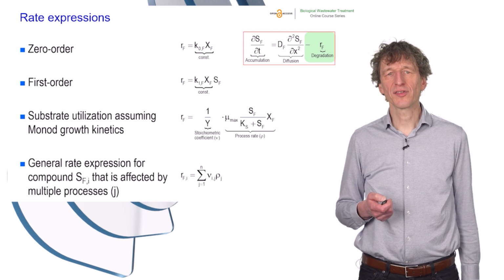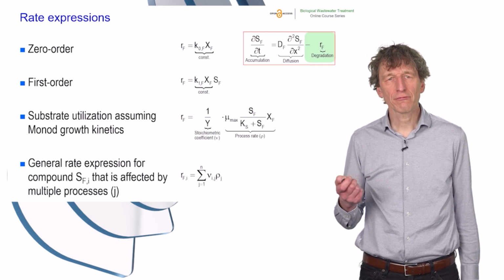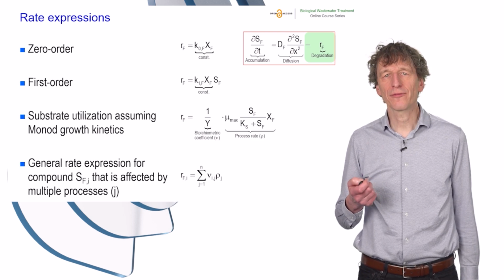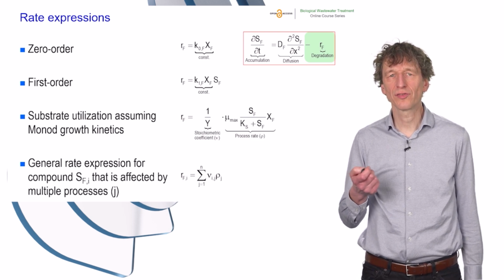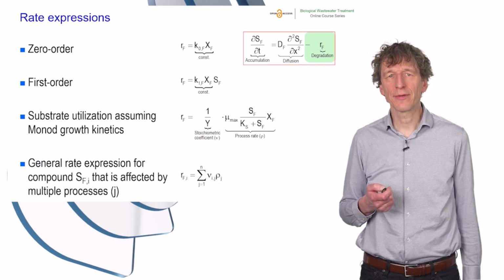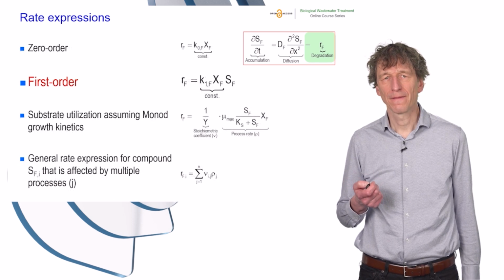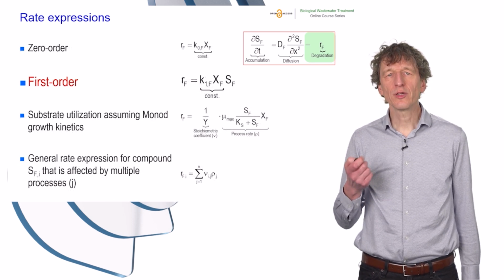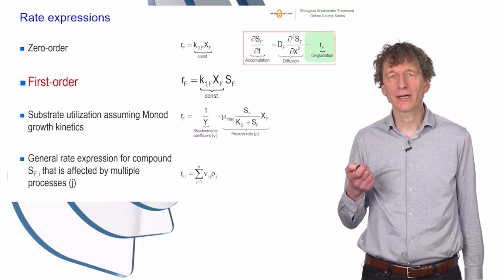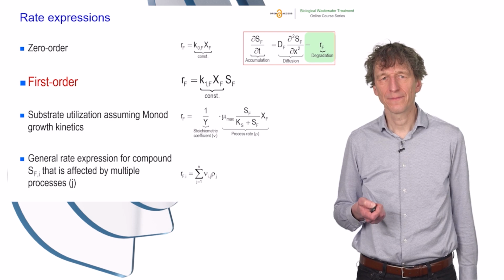Then later in this course, we will introduce the use of simulators that are readily available and that provide numerical solutions to the biofilm equations. Then we're no longer limited by the availability of analytical solutions. In the current module, we will focus on solving the biofilm equation for first-order kinetics.